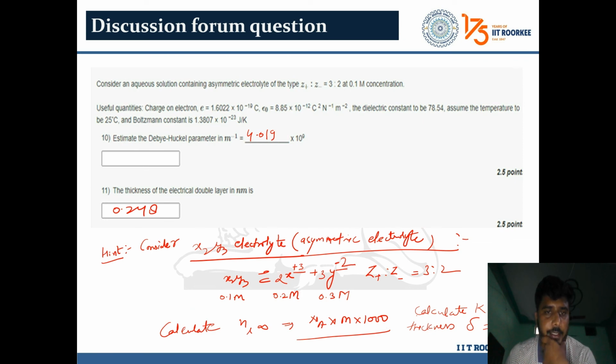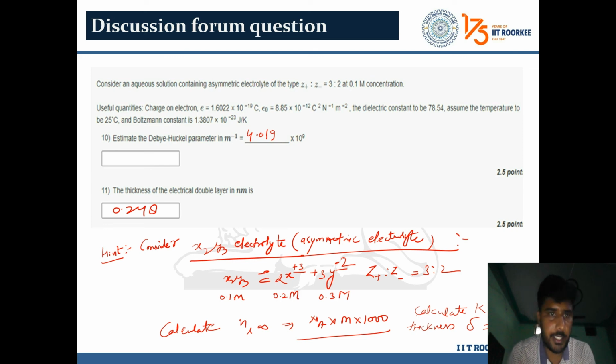And the discussion forum question I have already discussed two times. What you have to do here, first you have to see whether there is a symmetric electrolyte or an asymmetric electrolyte. Based on that, you have to calculate the concentration of different ions.